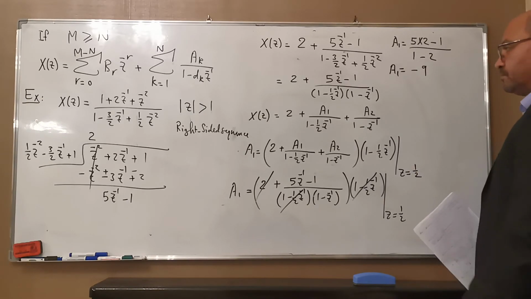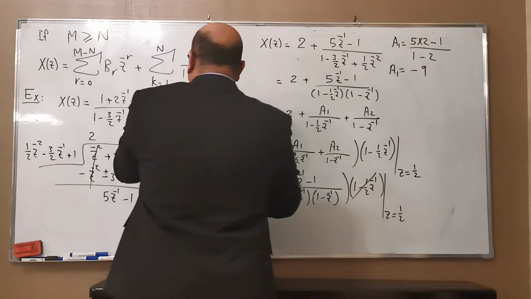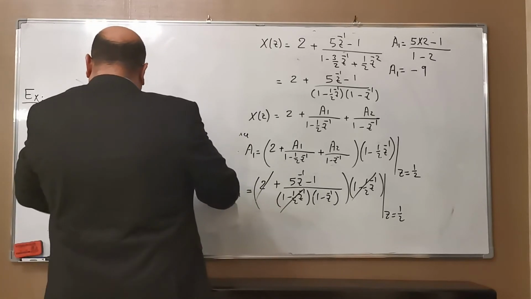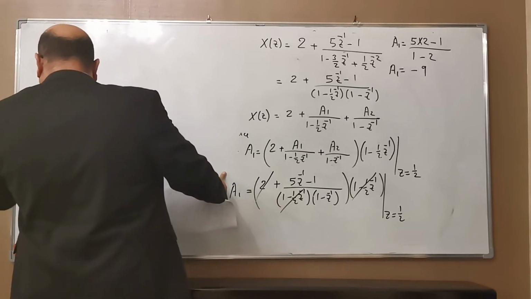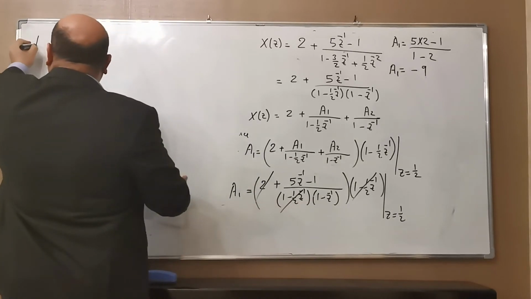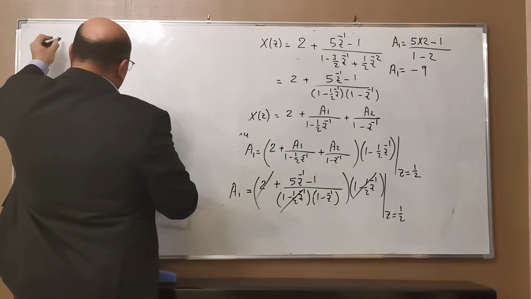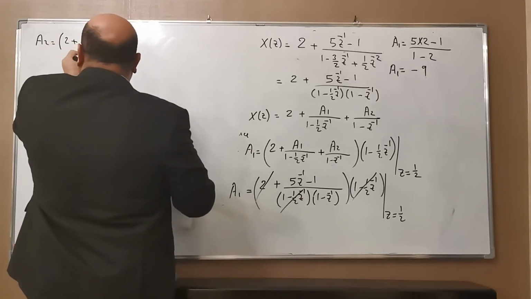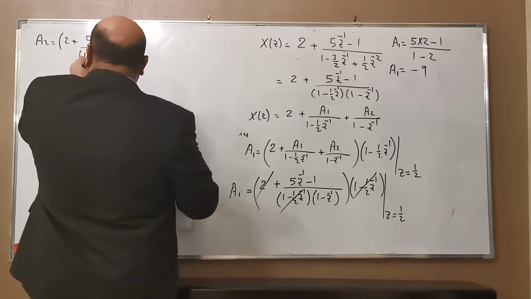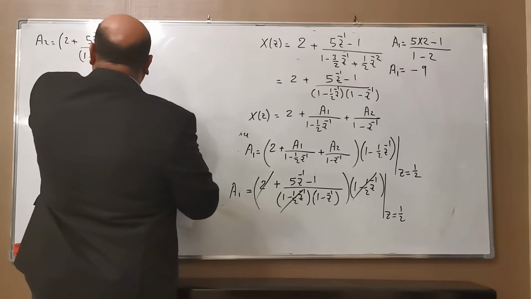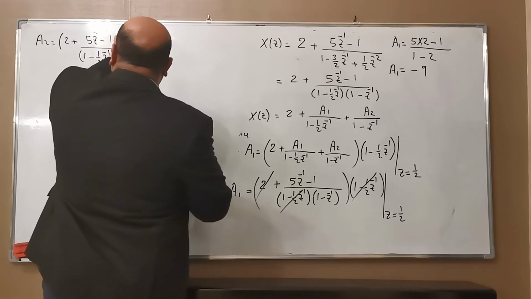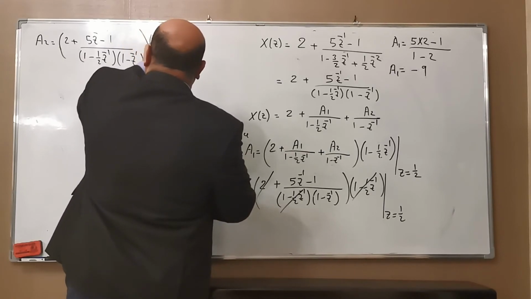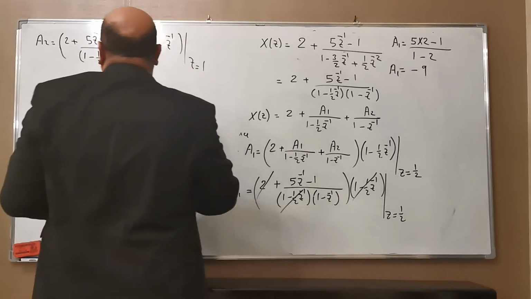Okay? If we do the same thing for A2, A2 is equal to 2 plus (5z inverse minus 1) divided by (1 minus 1/2 z inverse)(1 minus z inverse), multiplied by 1 minus z inverse and applied at z equals 1.